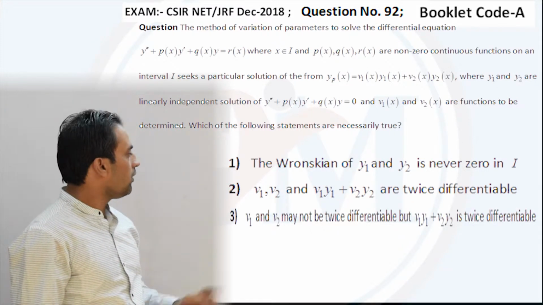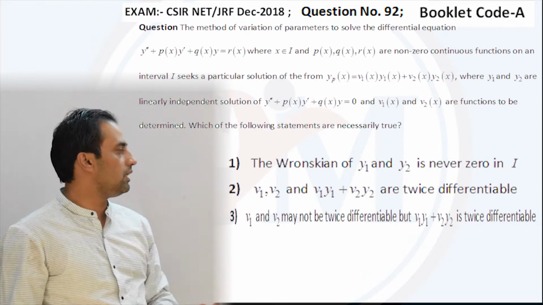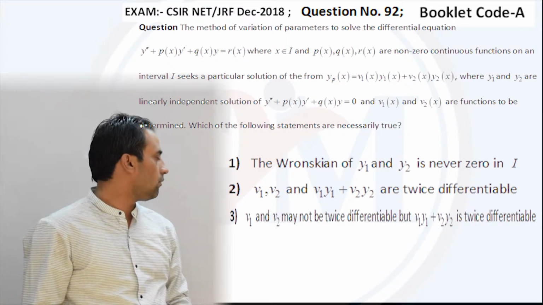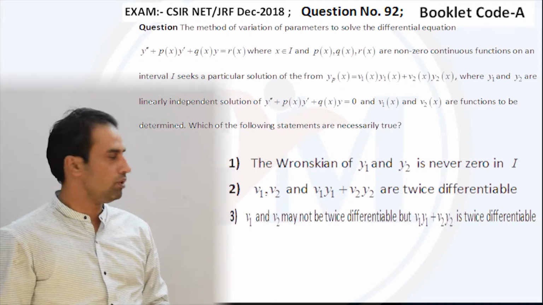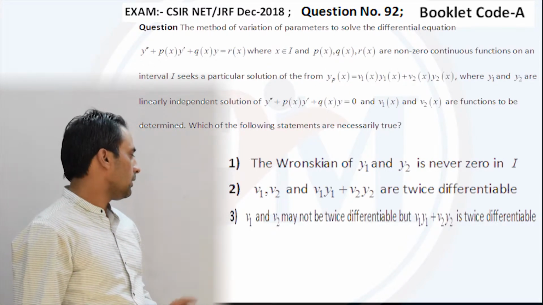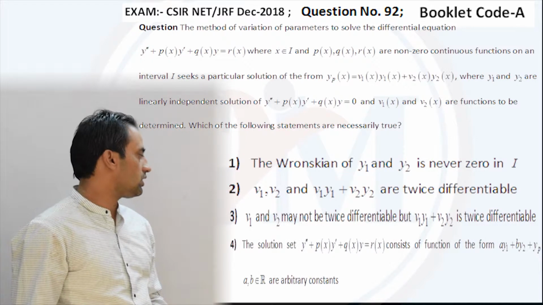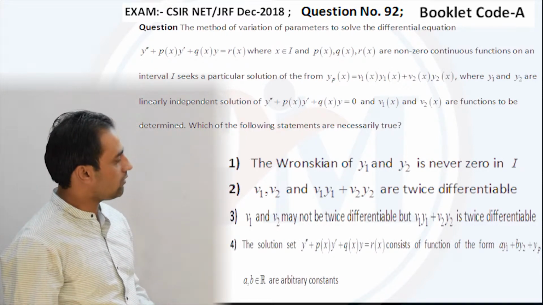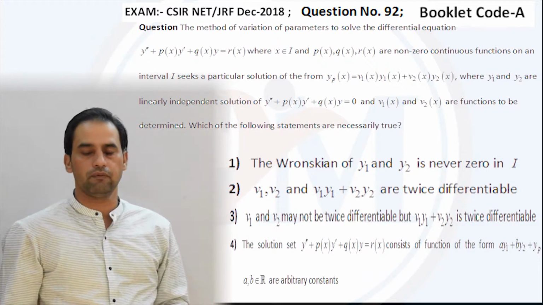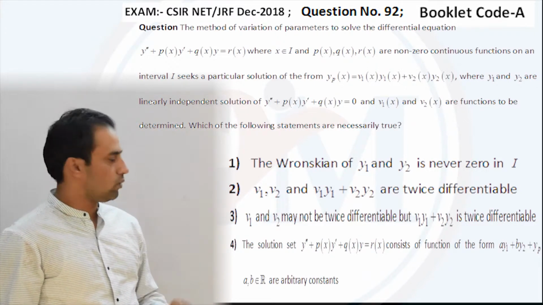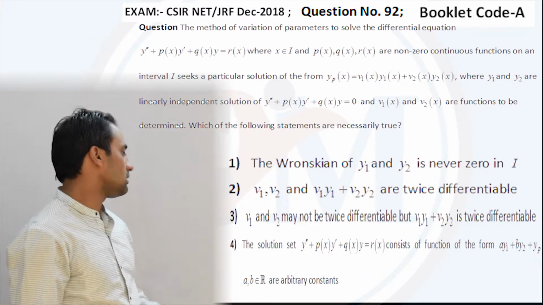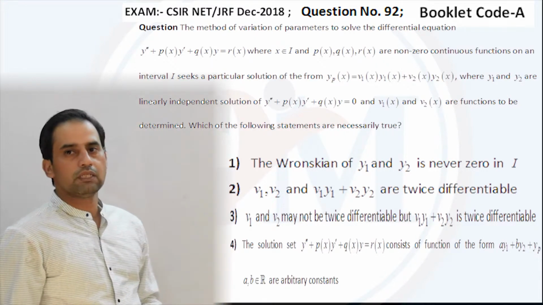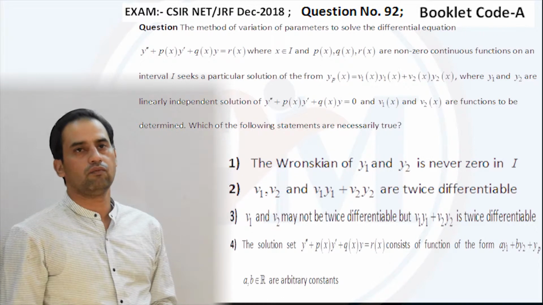Third option is v1, v2 may not be twice differentiable, but v1 y1 + v2 y2 is twice differentiable. And the fourth option is the solution set of the differential equation y'' + py' + qy = r(x) is of the form a y1 + b y2 + yp. So these are four options.